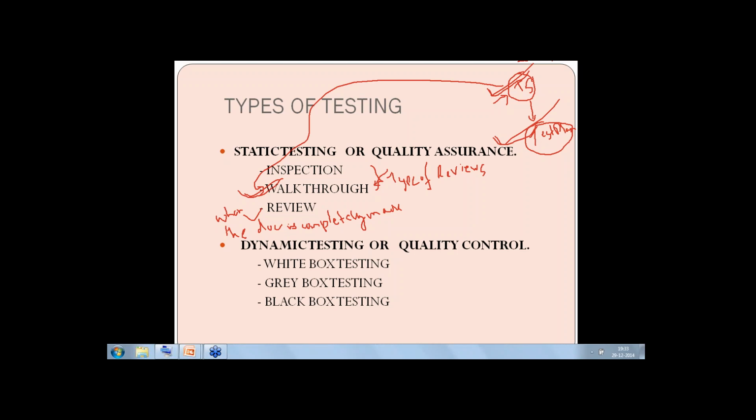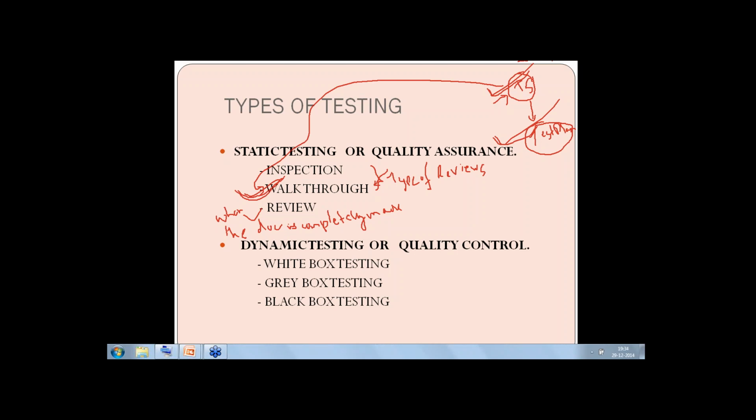You don't have to request anybody or send a reminder to anybody to go for a walkthrough meeting. Okay, so walkthrough is also part of your static testing where you are reviewing the documents, but you will be reviewing the documents when they are not completely ready. During the process in which it is being made, you are trying to review it.